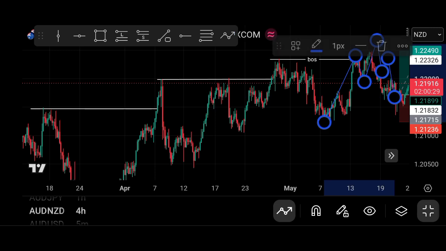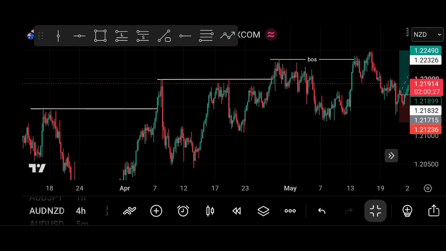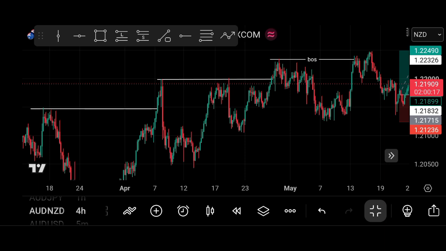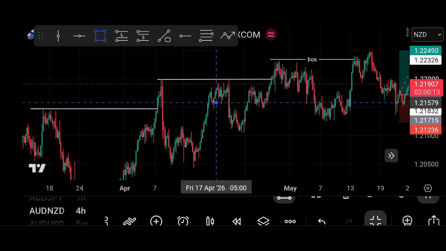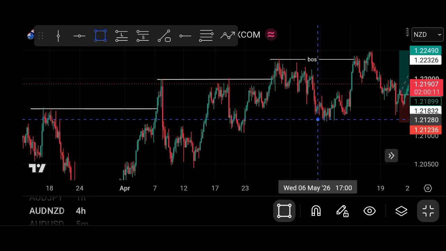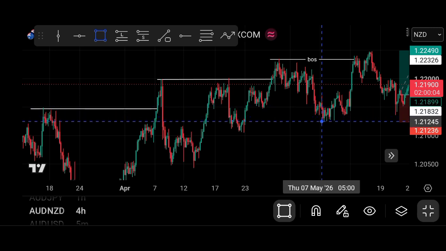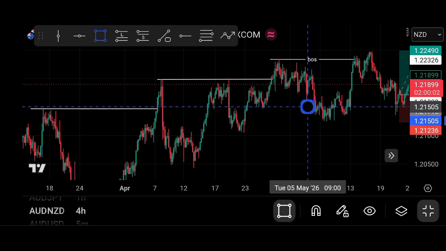Okay, so how do you spot your point of interest and how do you draw your demand zone? In this case, you ask yourself, what is the last bearish candle? Remember, we're on the 4 hours time frame, and if we are to say that our last bearish candle is this candle, that is from here to here, you draw a box that covers that entire area.